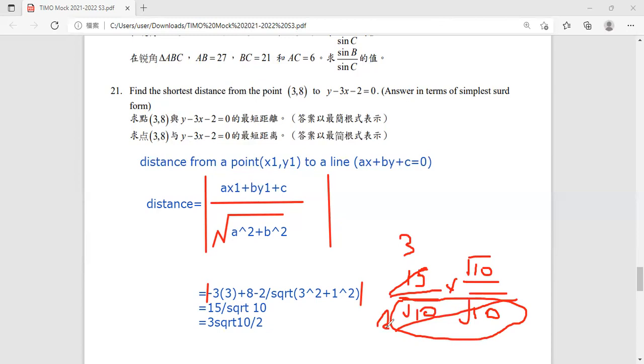Oh, my bad, this is 3. Yeah, you got it, this is 3. So then it will be this one.